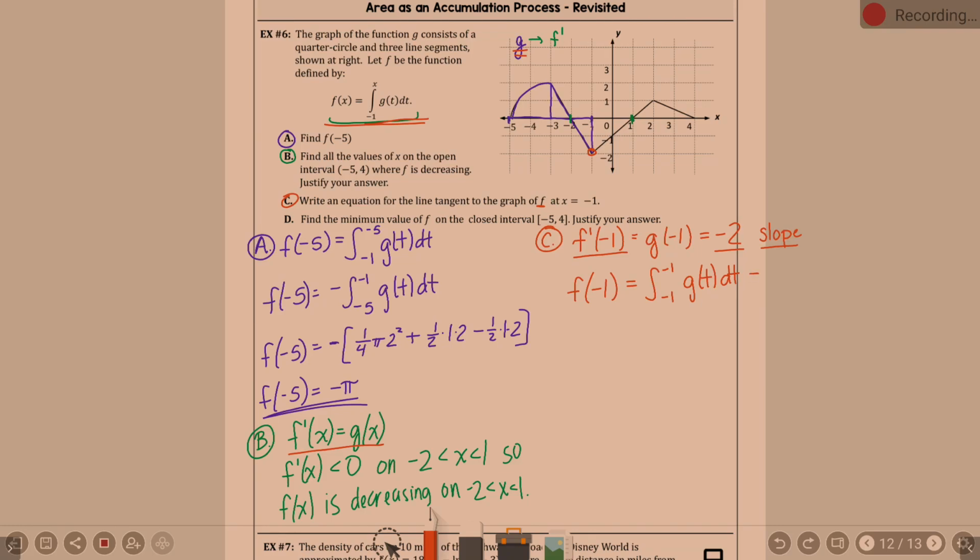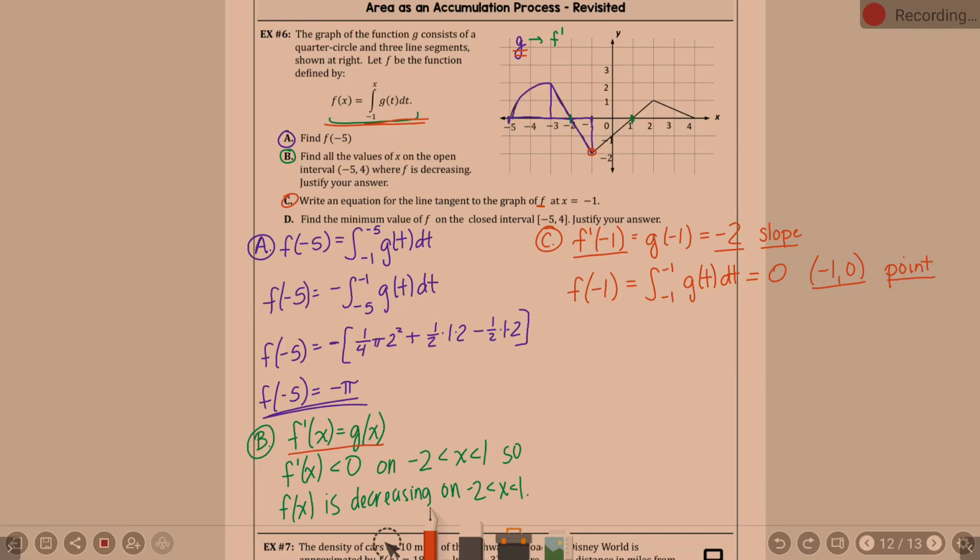When your bounds are the same, it's always equal to 0. Just think about it logically: if you plugged -1 in, minus plugging -1 in again, logically it says 0. So our slope is -2. What's our point then? -1, 0 is our point.